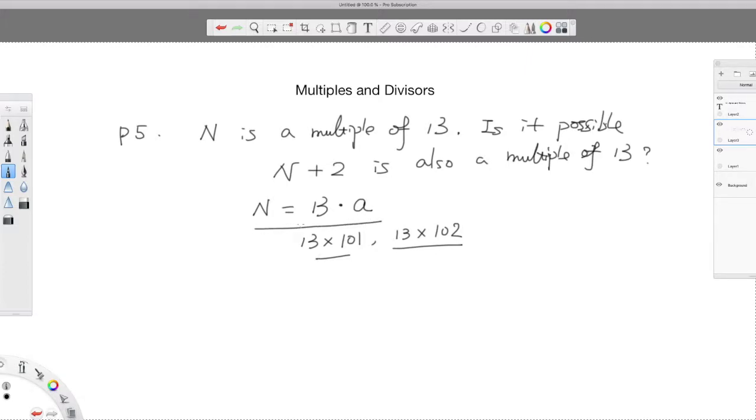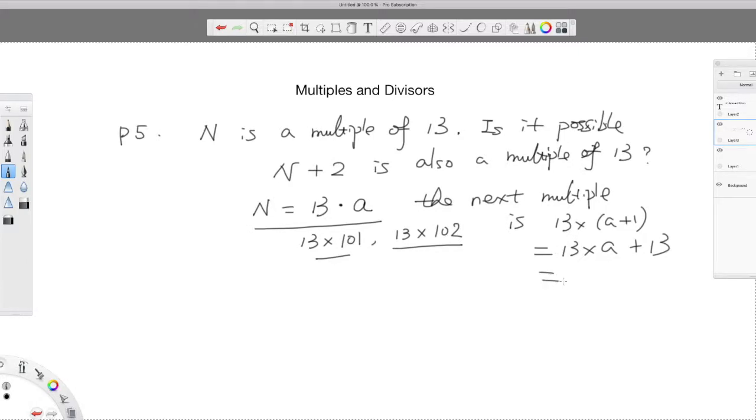In general, n equals 13 times a, and the next multiple of 13 is 13 times (a plus 1), which equals 13 times a plus 13, using the distributive law. And this equals n plus 13.